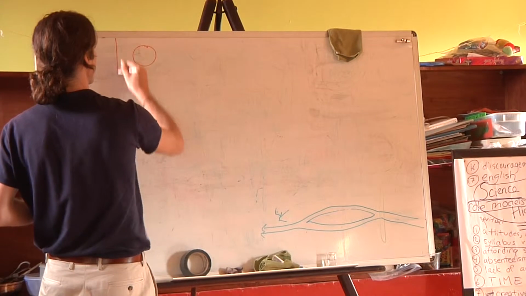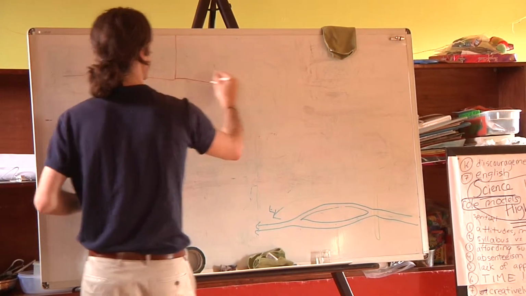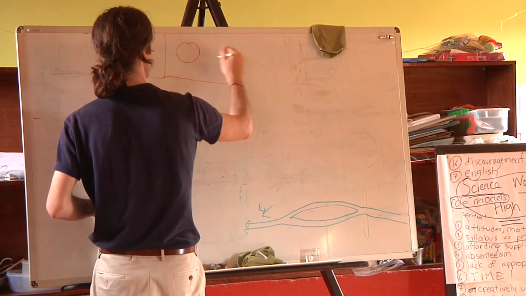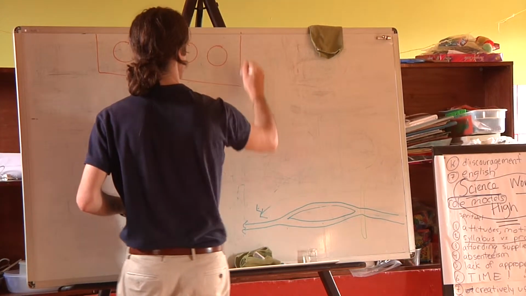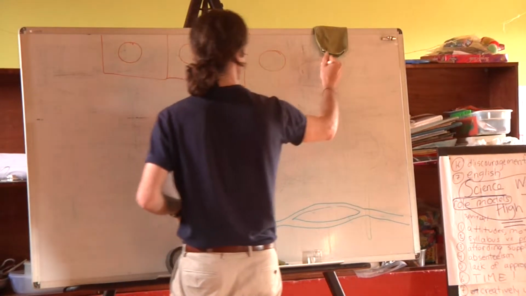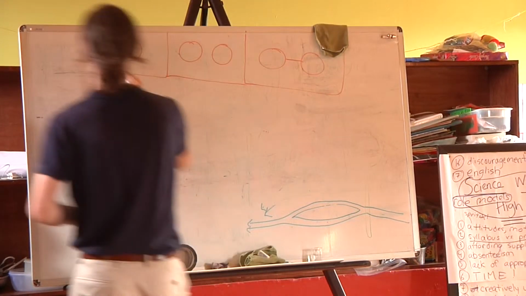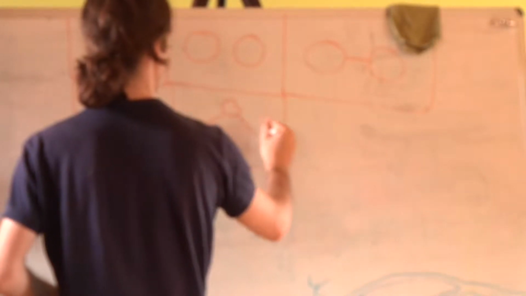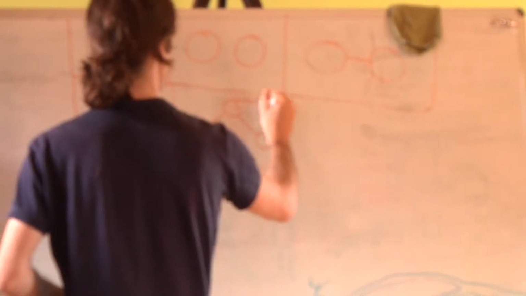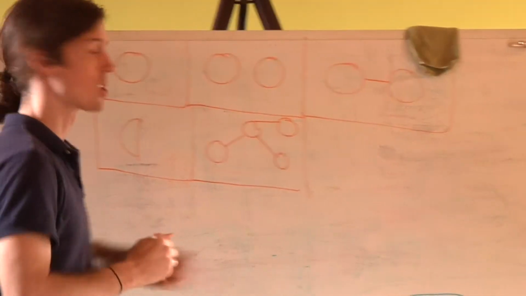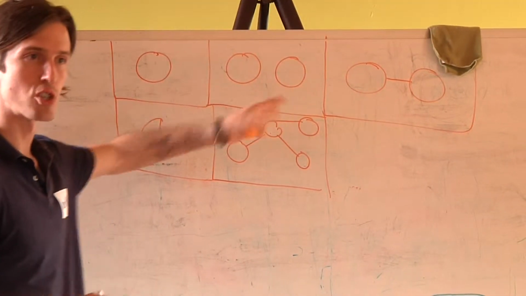The drawing is something like this. I usually give them 5 to 7 choices.